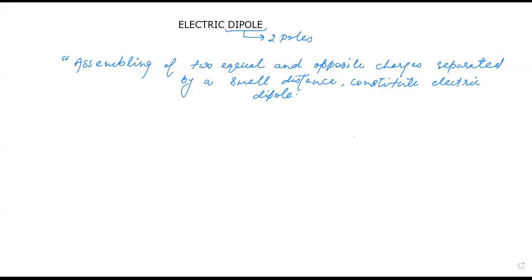Just like this, we are taking two charges. One of them is positive and the other is negative. The main condition of an electric dipole is that the charges are equal and opposite, and the third condition is that they are separated by a very small distance.